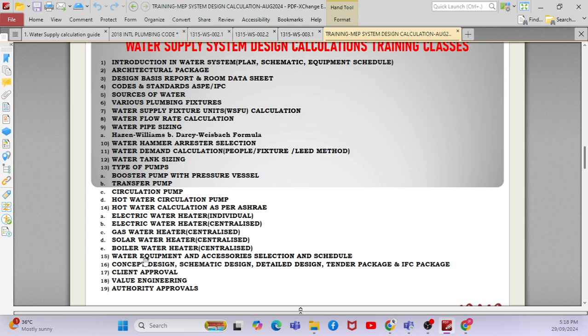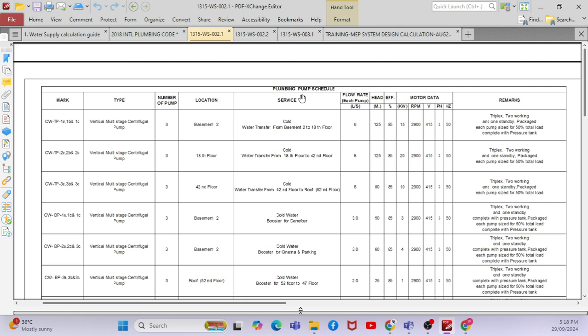Once you come up with the equipment, you can prepare the equipment schedule. For example, the plumbing pump schedule: you can create a table with the pump tag, the type of pump, the number of pumps, the location and service, meaning where it is serving, and the flow rate, head, efficiency, and motor rating.